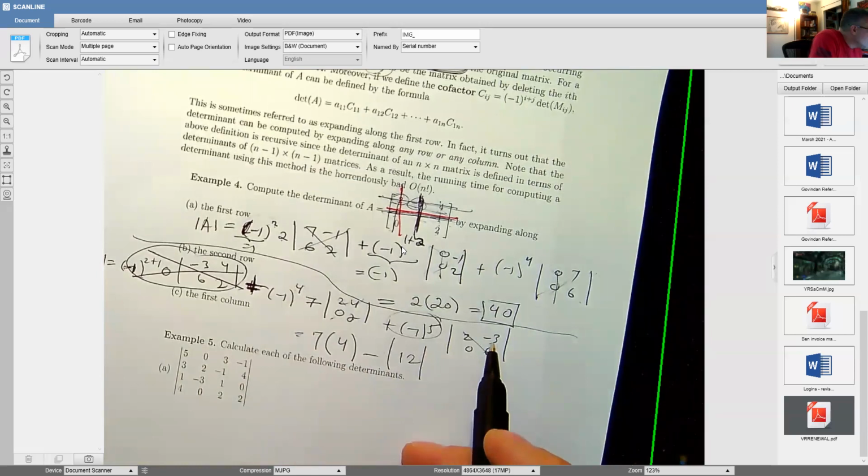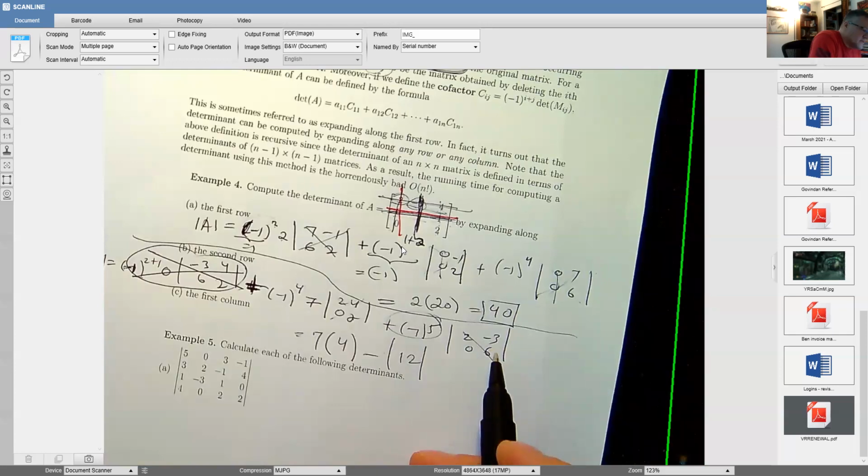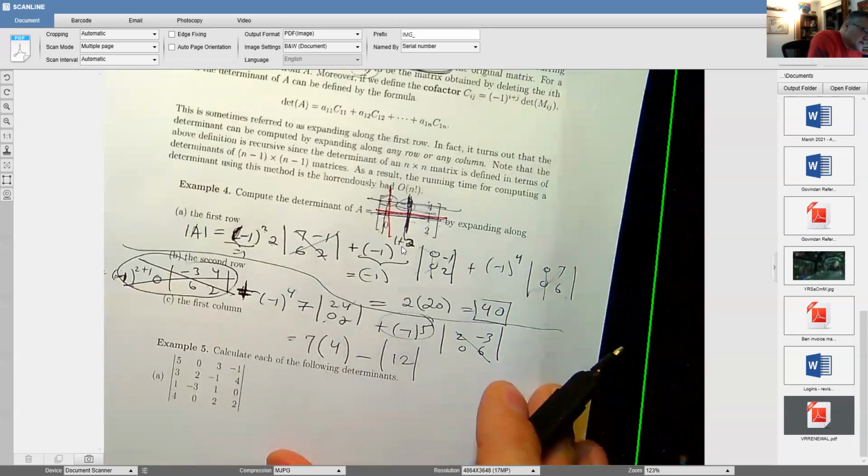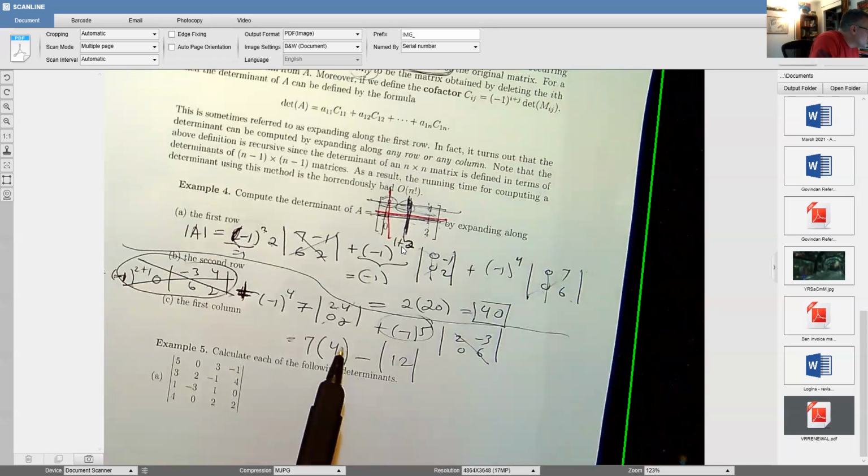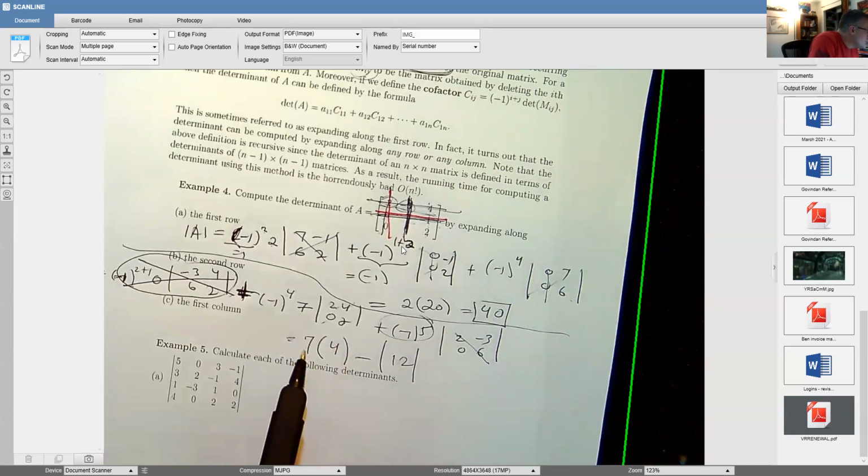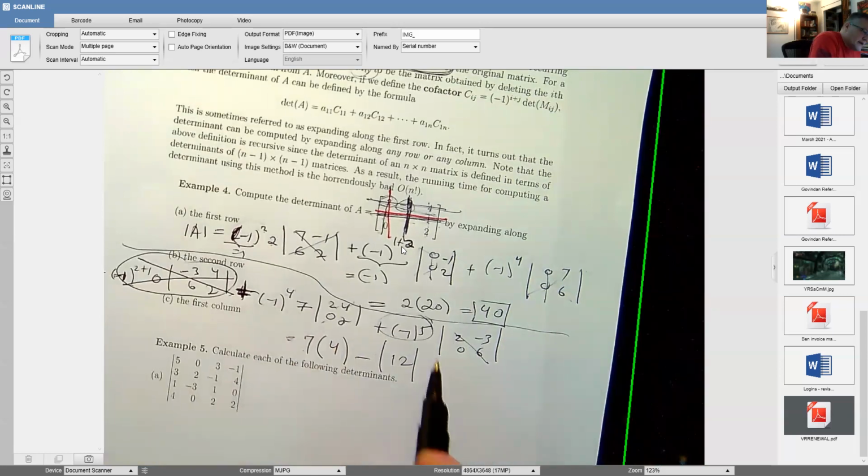Did I miss a sign? I don't think so. Wait, did I miss? Hold on one second. This sure turned out to be the same thing. So did I have... Oh, no. Row and column.